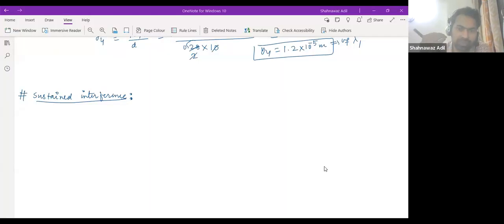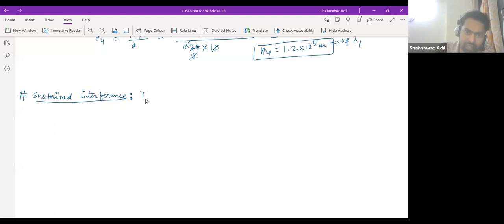You can contrastingly identify both of them separately, right? So the type of interference where we can identify those bright and dark fringes separately is called sustained interference, right?